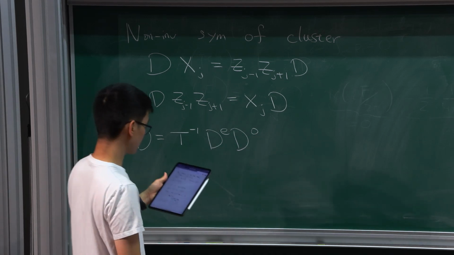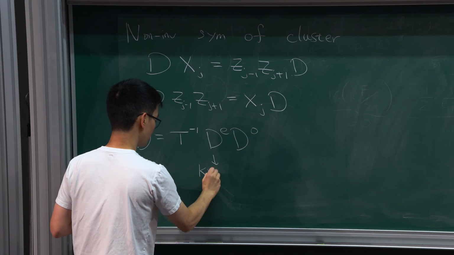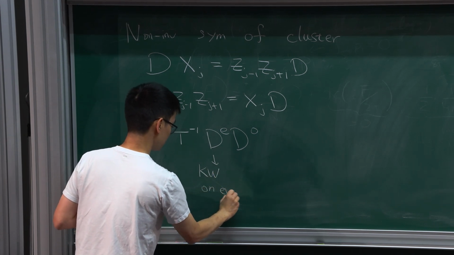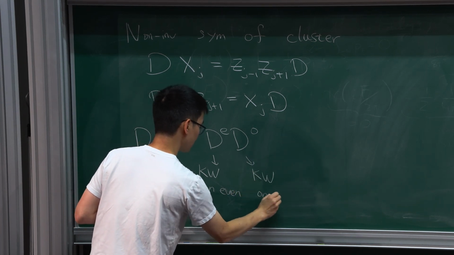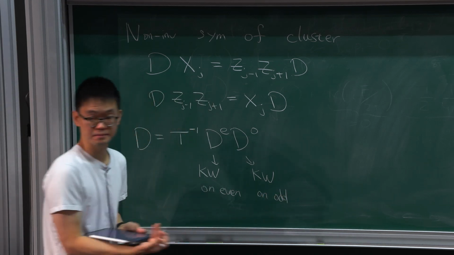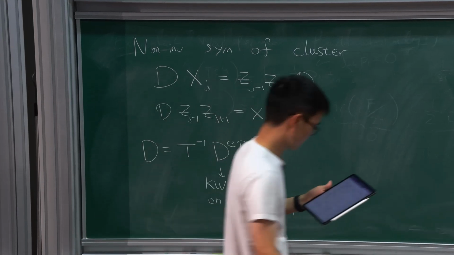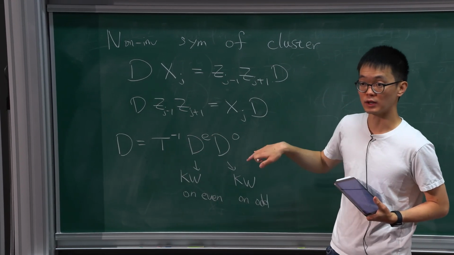All right, so what are D even and D odd? D even is the Kramers-Wannier transformation operator we discussed early on, on the even sites. And this is the Kramers-Wannier transformation on the odd sites. And T is the lattice translation by one site.